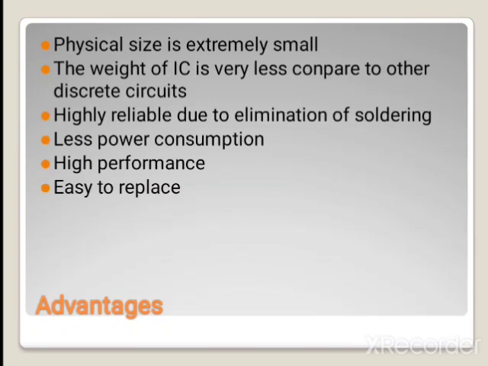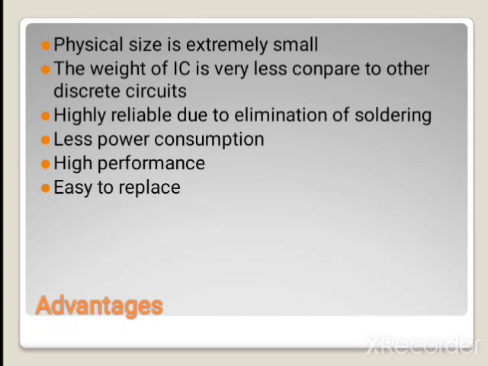Why do we use ICs, why are these important to us in our electronic world? So the first thing is the size is extremely small. Although they have millions or billions of components on that single chip, the size of the chip is very small.